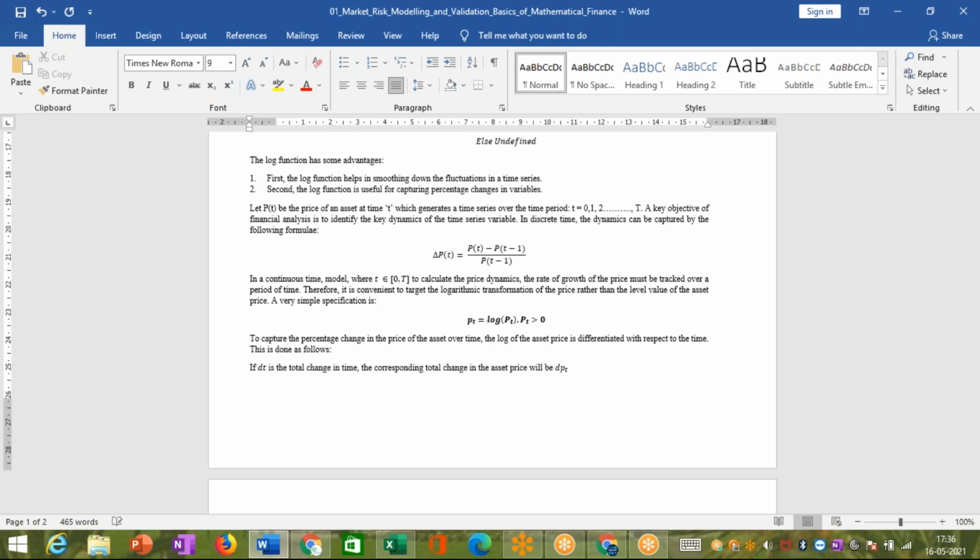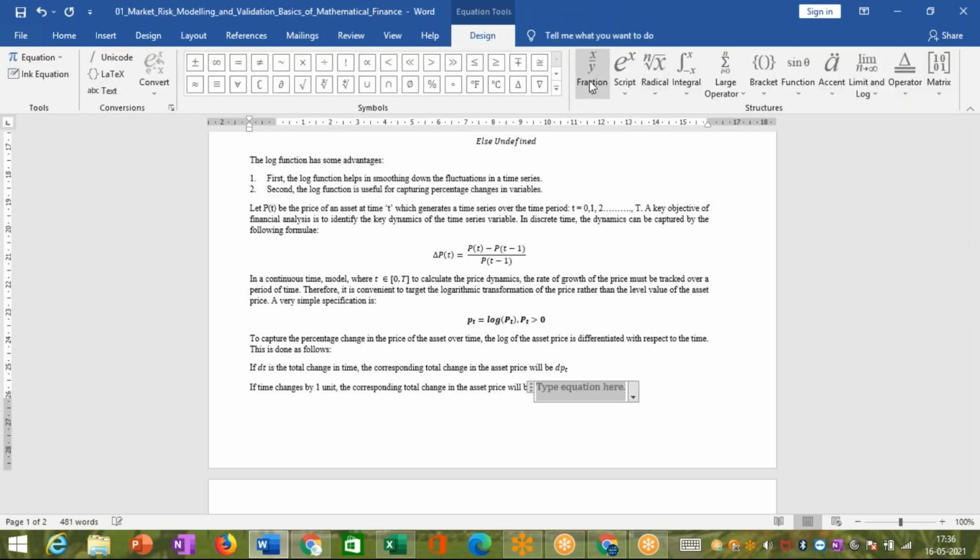It says that if the time changes by 1 unit, the corresponding total change in the asset price will be dpt by dt.